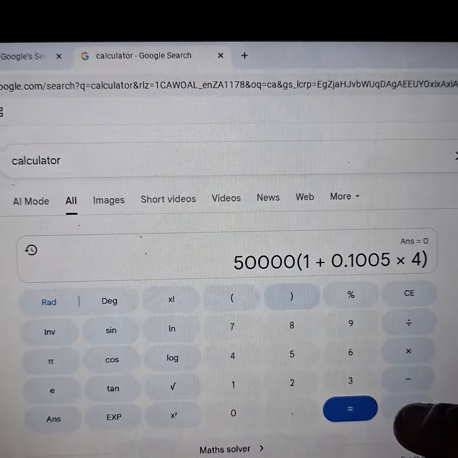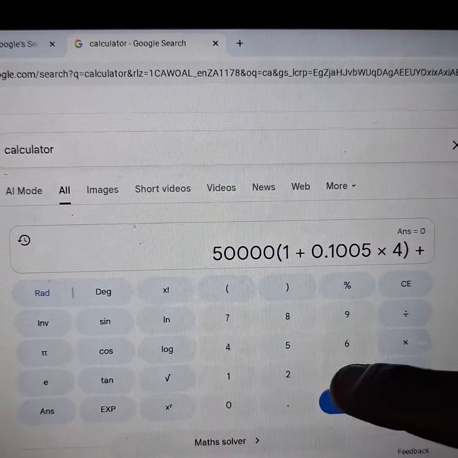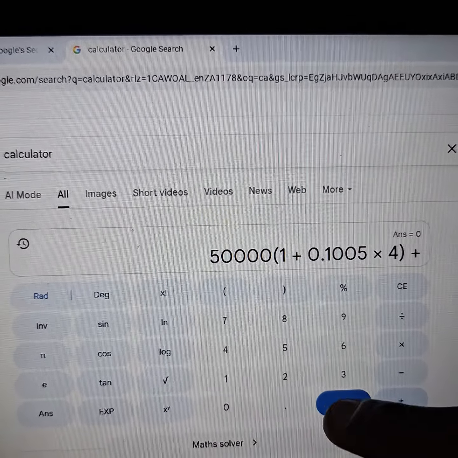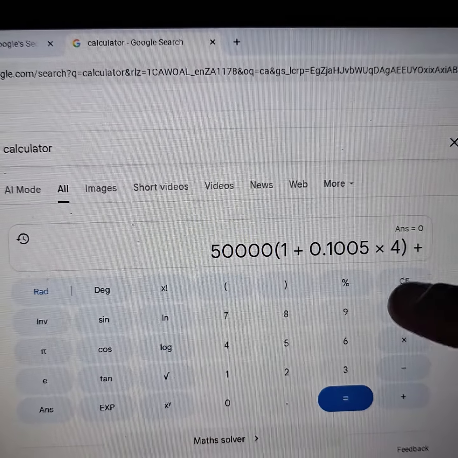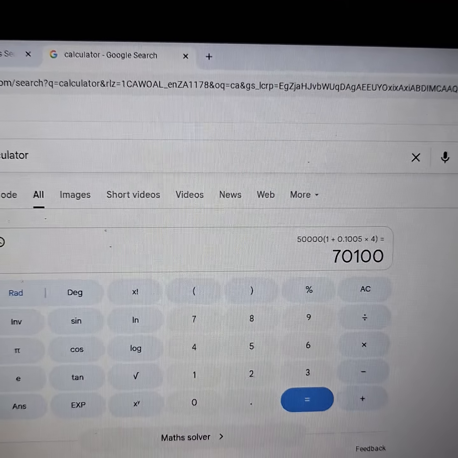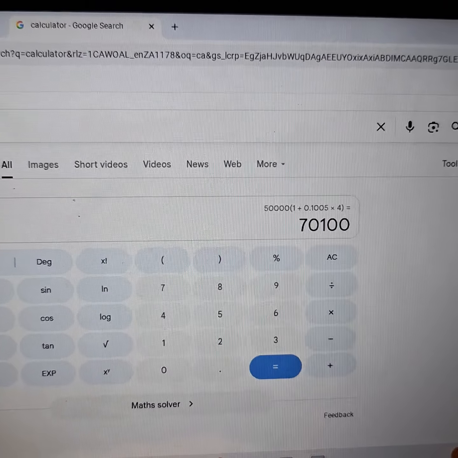We close the bracket, say equal. There we have it. So the answer is 70,100.